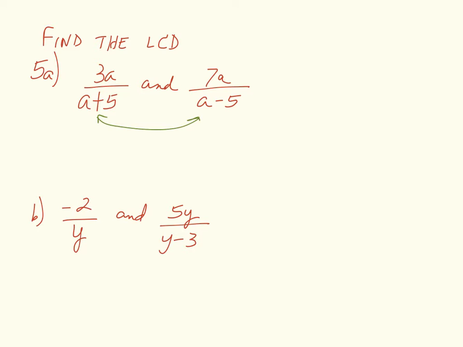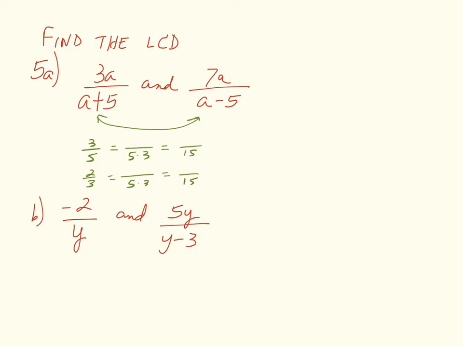I can't remember exactly what it was, but I might have had 3 over 5 and 2 over 3. Look at 5 and 3 as the denominators. They cannot be factored. They're both prime. So the LCD is going to be the product of those two. It has to include a 5 and a 3, which we know is 15. So it has to be the product of the two.